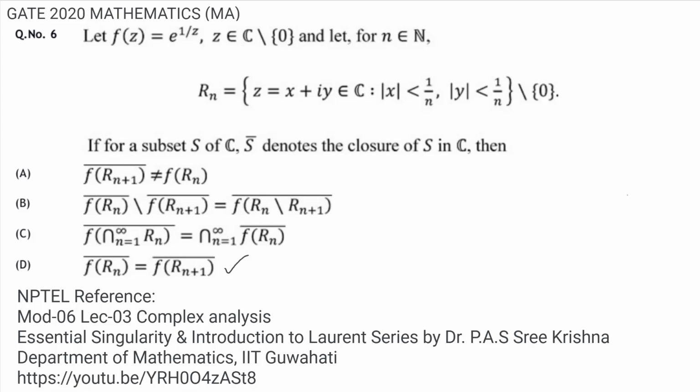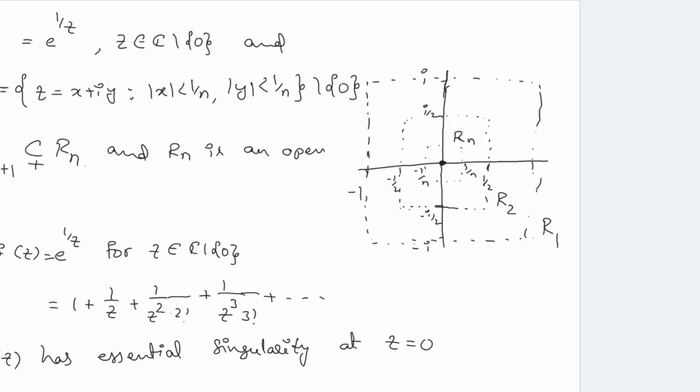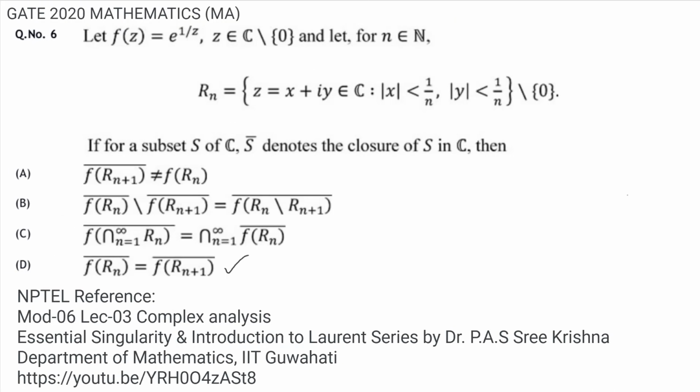On the right hand side, the closure of f(Rn) is C infinity for all natural numbers n.